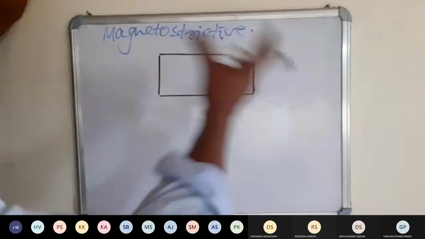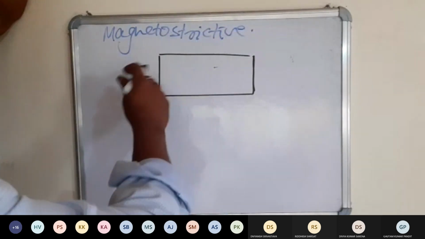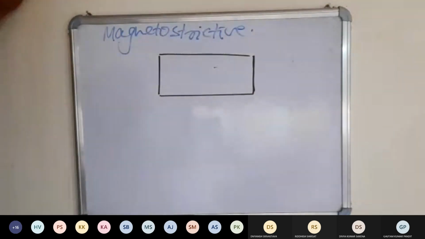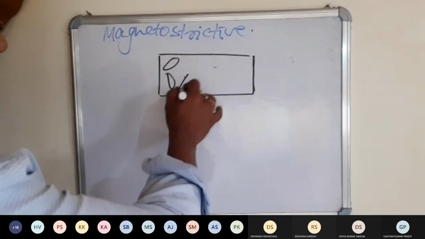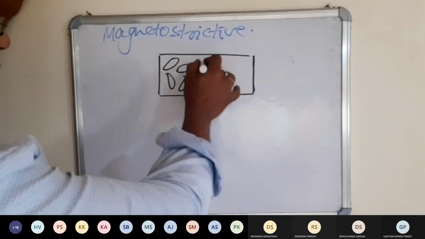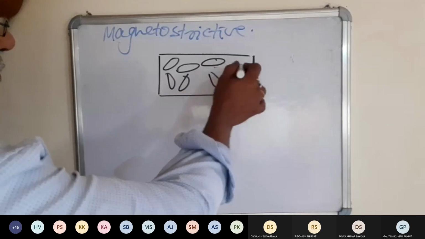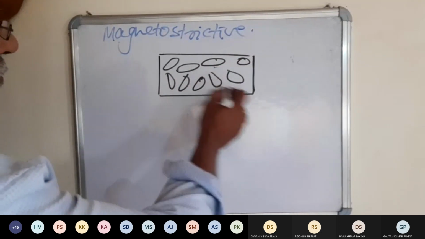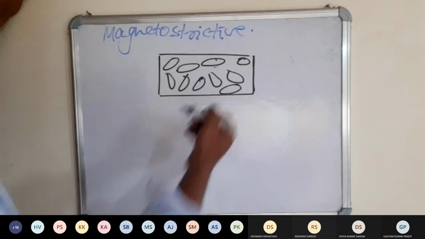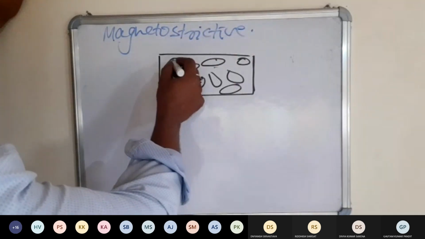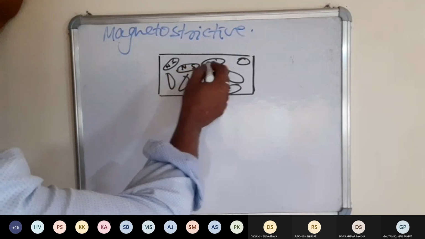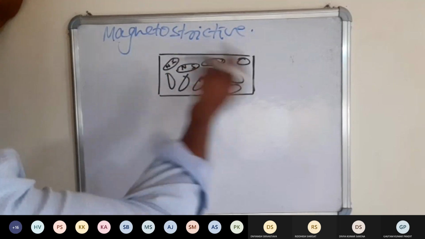The material molecules are all over the matter, but it is not acting as a magnet. ऐसा क्यों? क्योंकि हर मॉलिक्यूल जो है that is a kind of magnet. The molecules of the material is acting like a small magnet, each one of them.